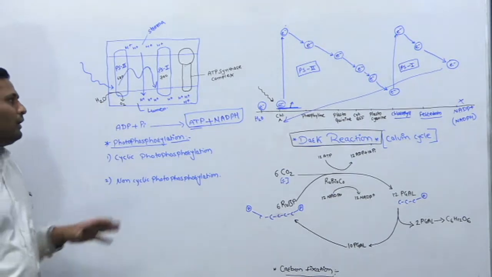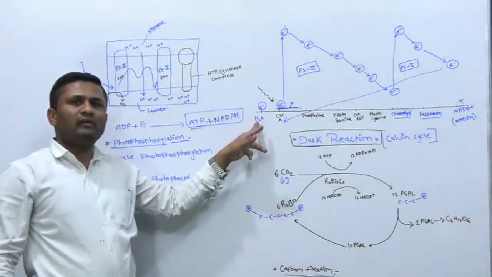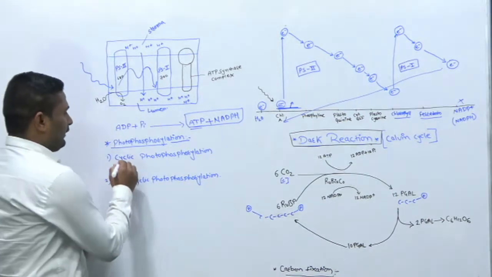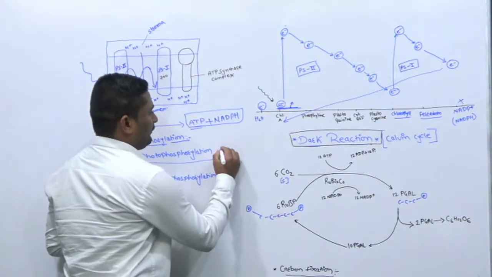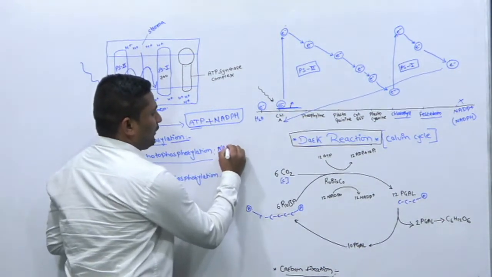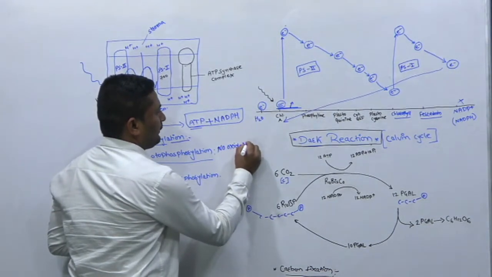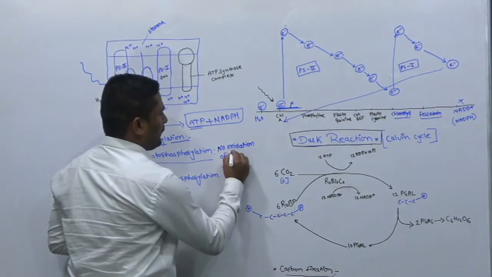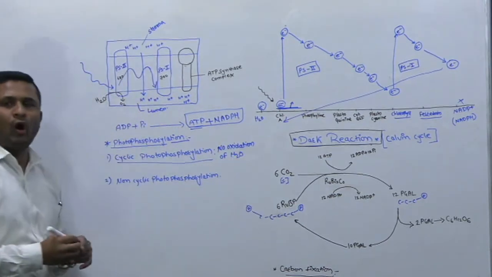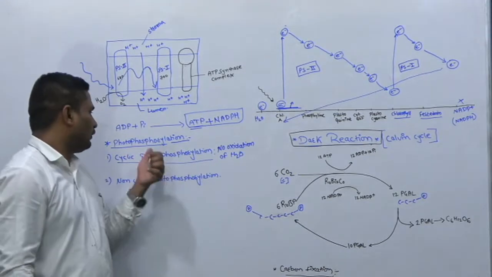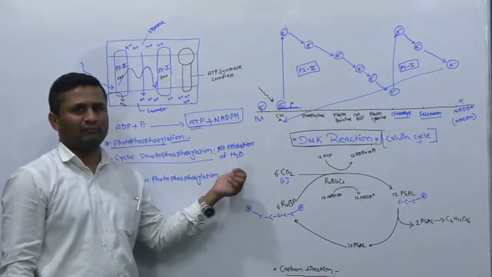Okay, so there will be no need to replace the electron, and that's why in cyclic photophosphorylation there will be no oxidation of water. So oxygen will not get released if there is cyclic photophosphorylation, right?